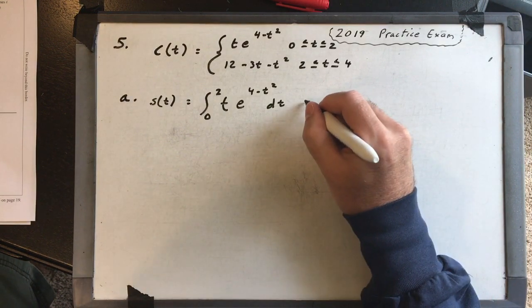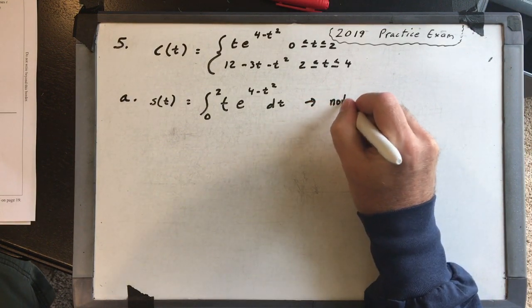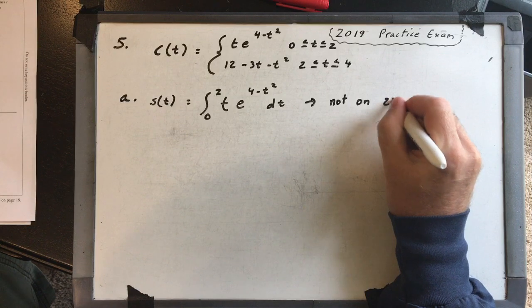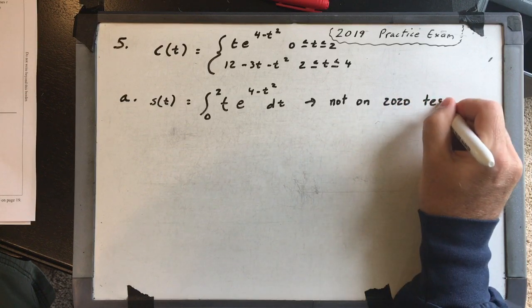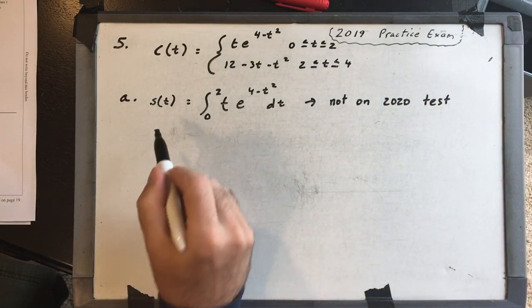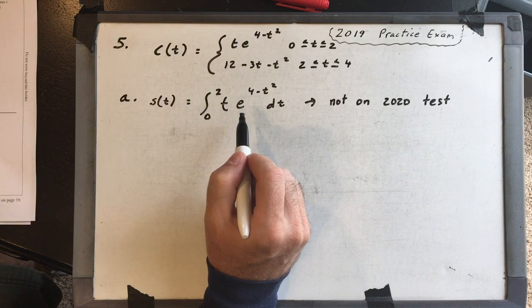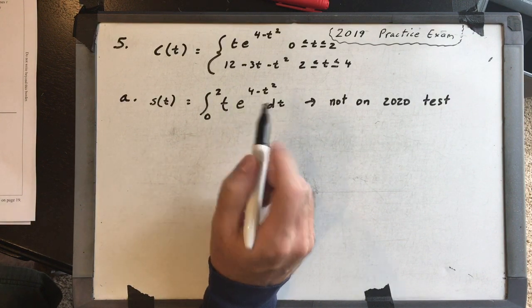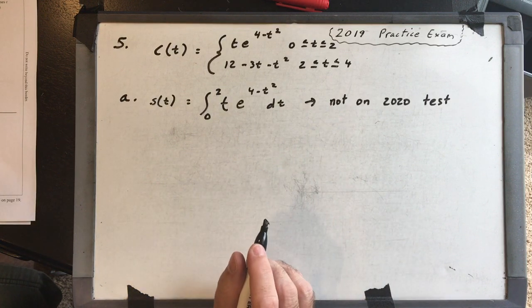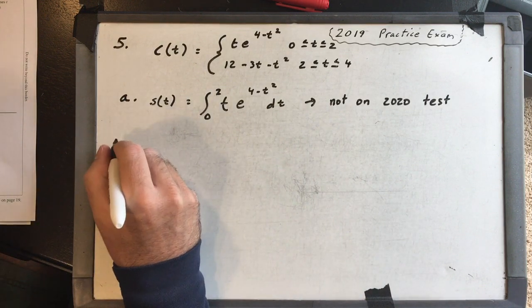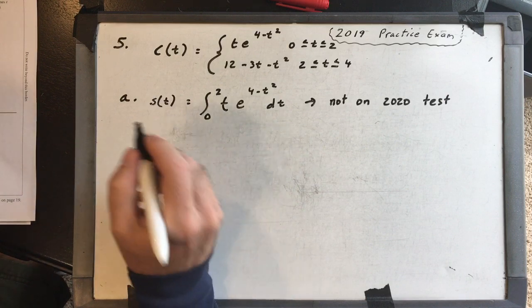But you're not going to get problems like this on the 2020 test because it's an accumulation type of problem, an adding up type of problem where you integrate. All the other parts could be, though, so we'll go through those.